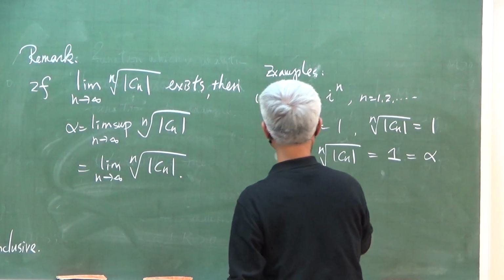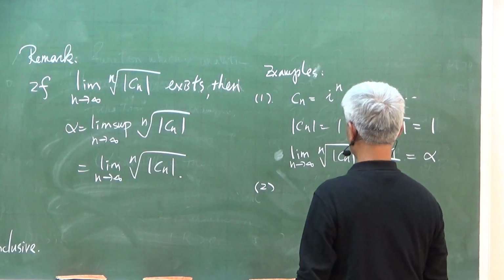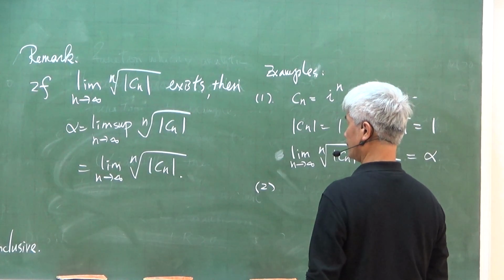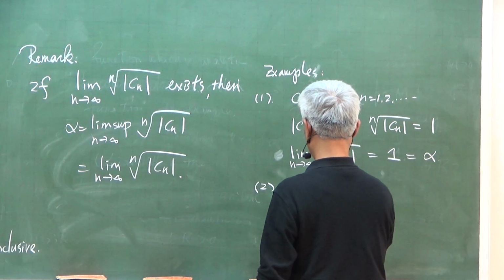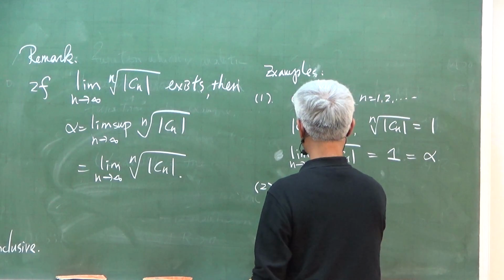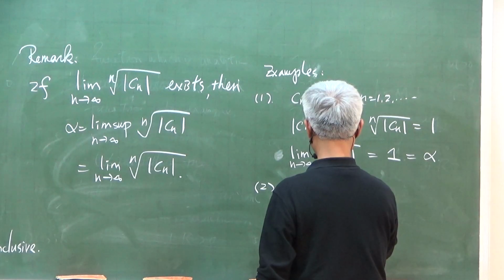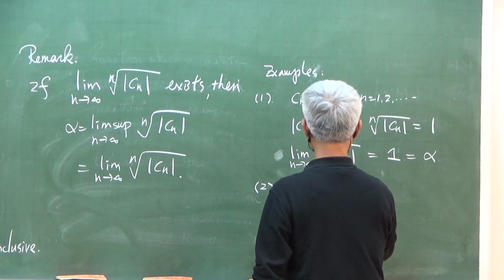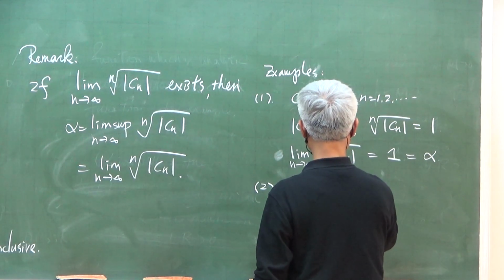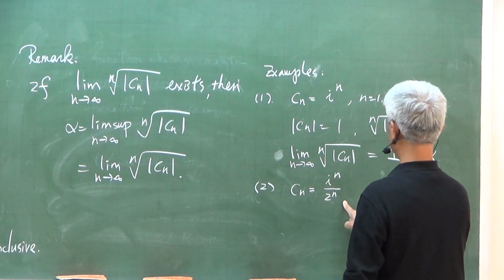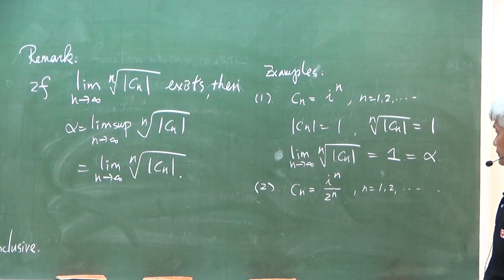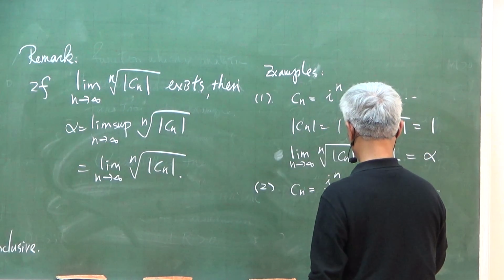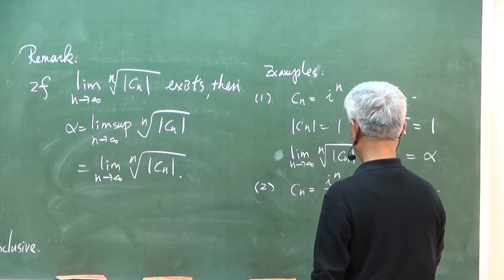The second thing is that if you have Cn equal to one half to the nth power, so n equal to 1 to infinity.